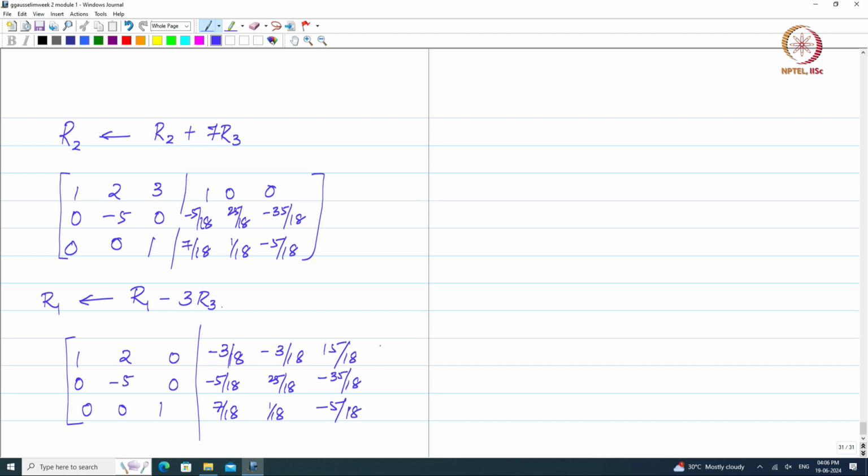Now, R1 tends to R1 plus 2 by 5 of R2. So, that becomes 1 0 0, minus 5 by 18, 7 by 18, 1 by 18.